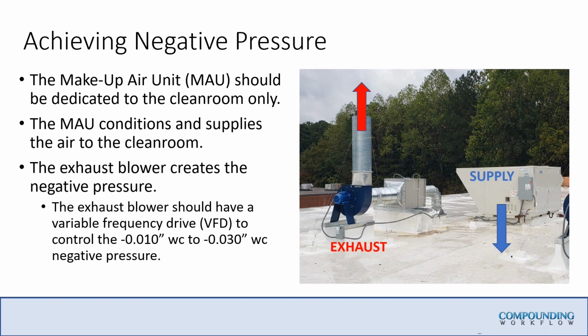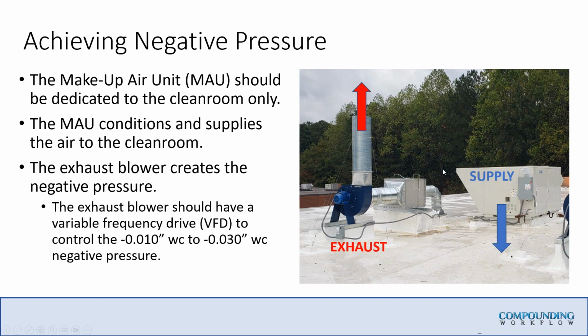Originally, when the engineer and the architect drew the building 5, 6, 7 years ago, they put one really large makeup air unit to supply the retail area, the break rooms, the office spaces, the clean room, and the non-sterile areas with a bunch of VAV valves. I don't expect you to know what a VAV valve is, but really that's a zone control mechanism, and it's a mess. It's just an incredible, unequivocal mess.